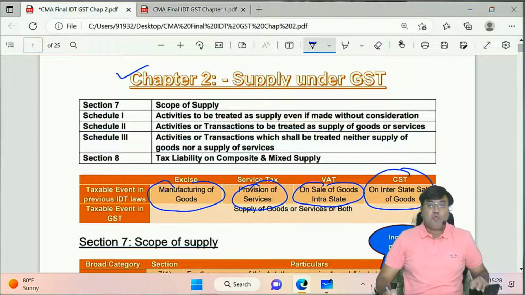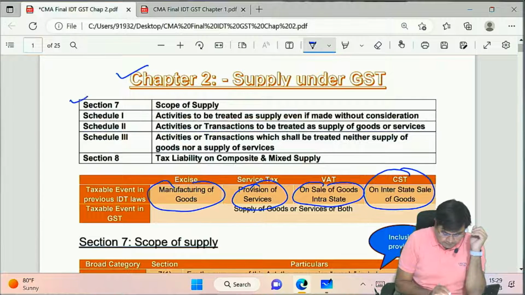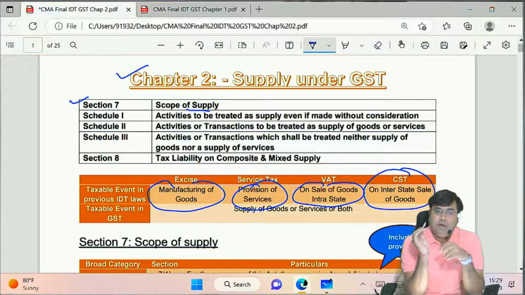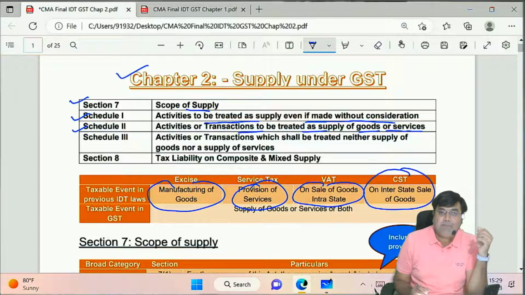So what am I going to cover in this chapter? Section 7, scope of supply. Along with section 7, I am going to cover Schedule 1, activities to be treated as supply even if made without consideration. Then Schedule 2, activities or transactions to be treated as supply of goods or services.